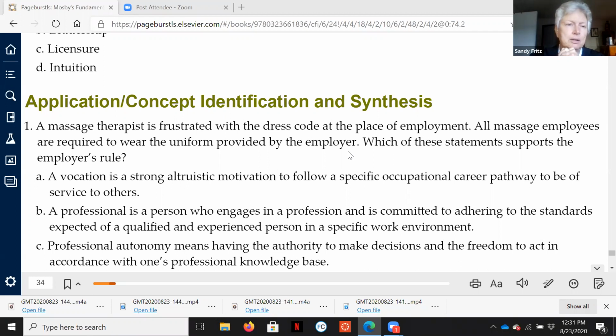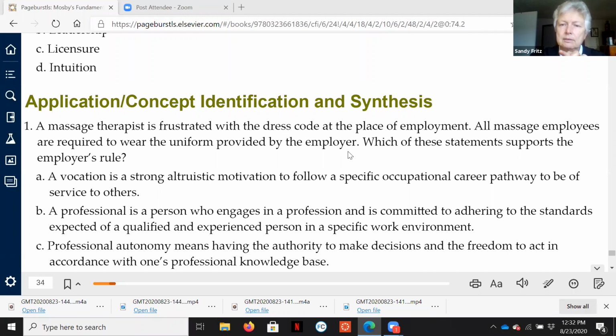All massage employees are required to wear the uniform provided by the employer. So the employer is giving these uniforms to the massage therapist. Now we're looking at, here's the problem. Is that an okay thing to do?